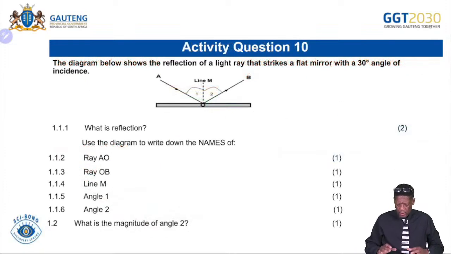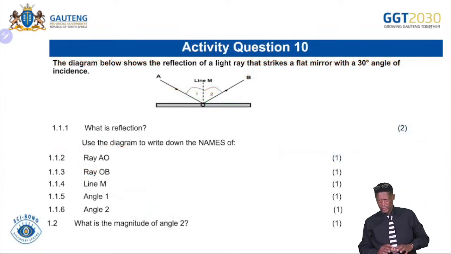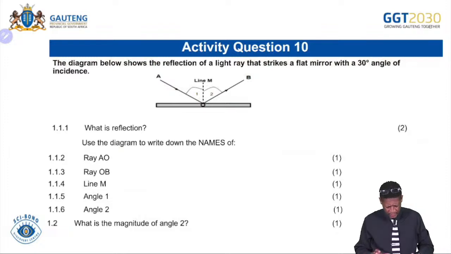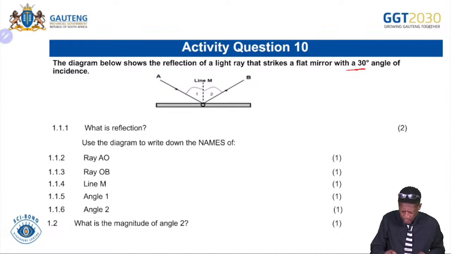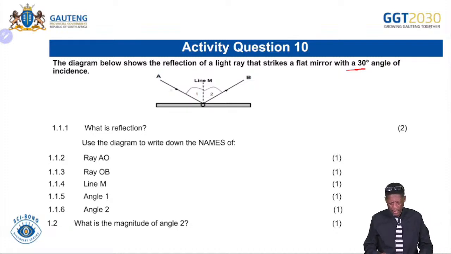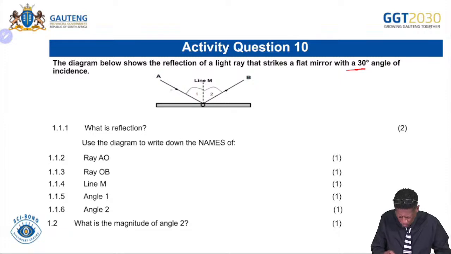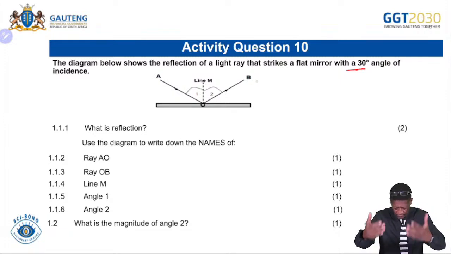Now I'm coming to close with this question. It says, the diagram below shows the reflection of light striking a mirror at a 30 degrees angle of incidence. You've got this light, A and B. We know what is A, we know what is B from the previous.